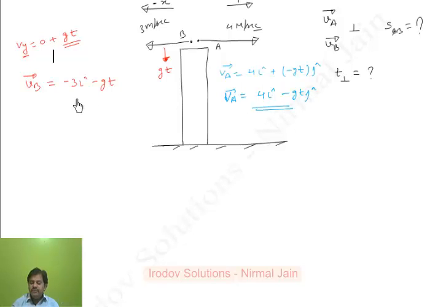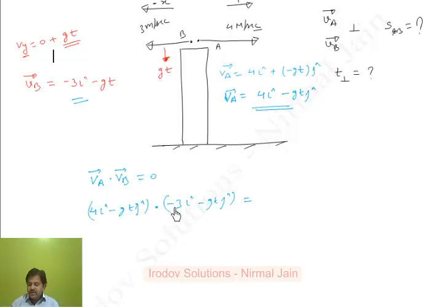Now we know from vectors that whenever two vectors are perpendicular, their dot product is 0. For two mutually perpendicular vectors, the dot product is 0. So here we can say that VA vector dot VB vector will be 0. So it is 4i minus gt j cap dot product with minus 3i minus gt j cap.